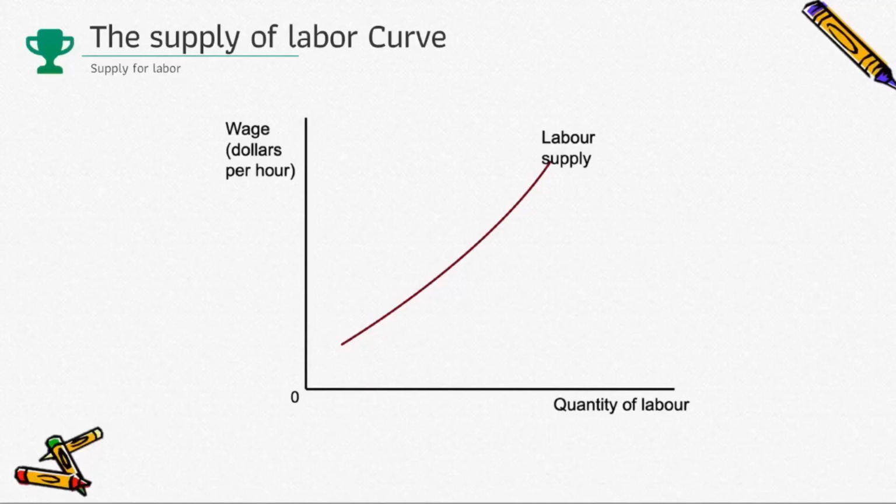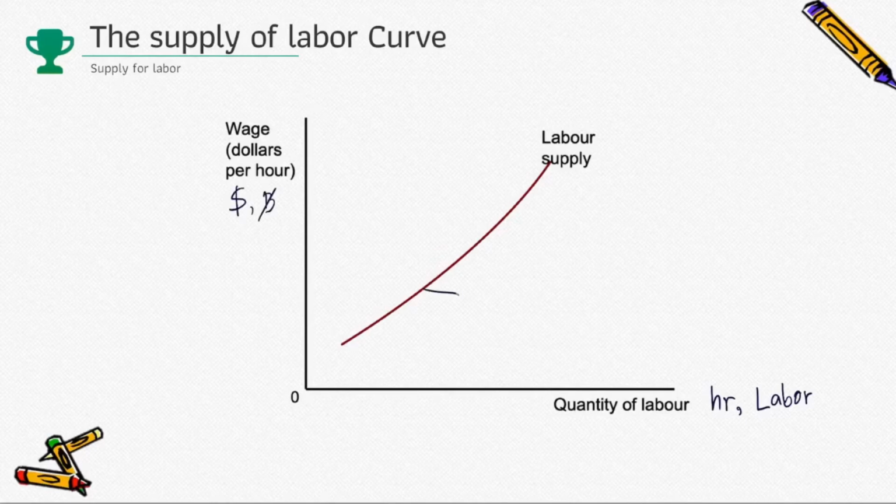This curve shows upward sloping. This graph shows the relation between wage and quantity of labor. We can measure quantity of labor by the number of working hours or number of laborers. We measure wage by dollar or baht.